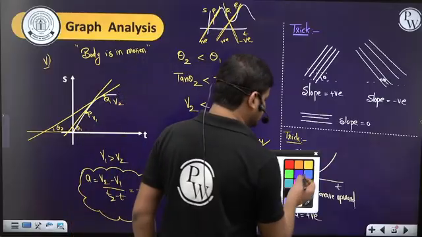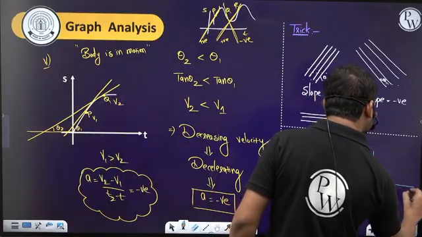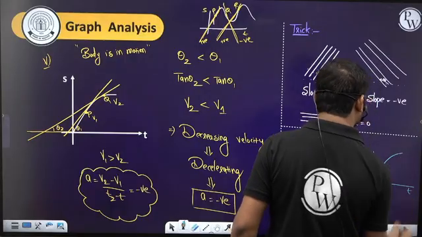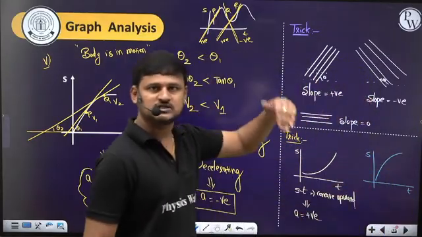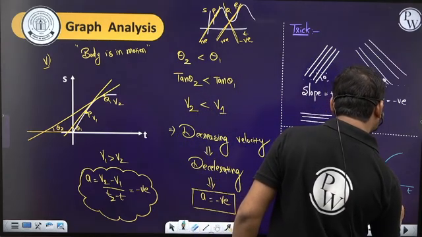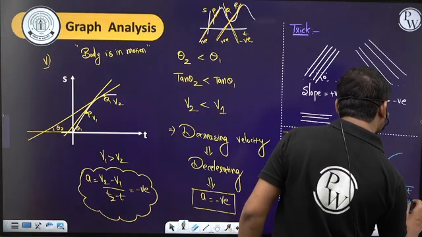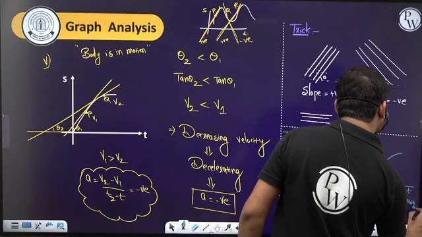And the second is vice versa. If the ST curve is concave downward, then we can say the body is decelerating.